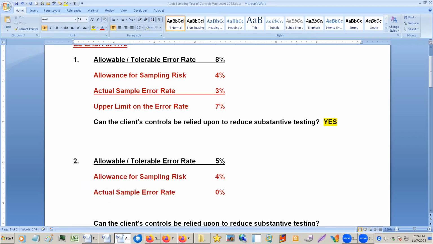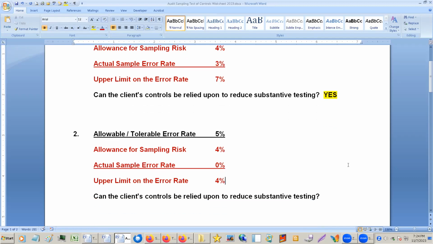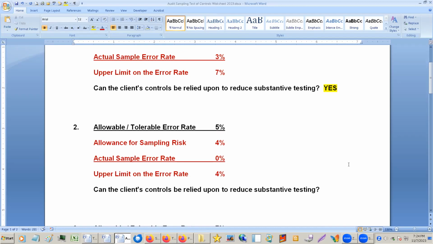So what's the upper limit on the error rate? 4%. So our best estimate is that it's not off at all. So best estimate is off 0, but it could be off by up to 4%. In this case, that's the only thing that's in the upper limit. So do we rely on these controls? Yes.